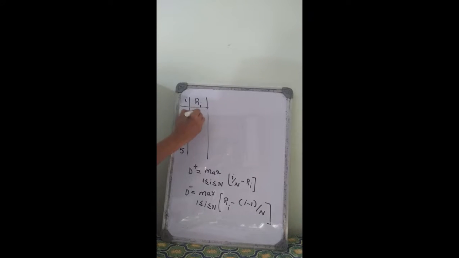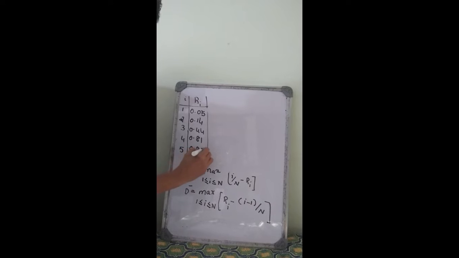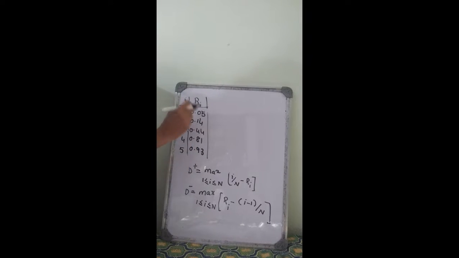So when I sort this, my first number is 0.05, next is 0.14, next is 0.44, next is 0.81, then 0.93.